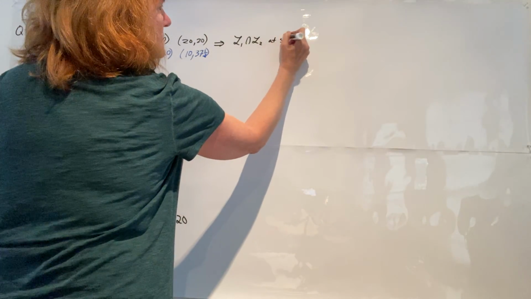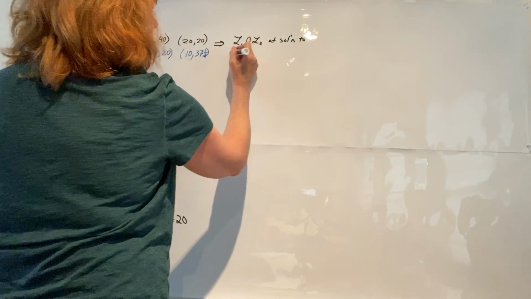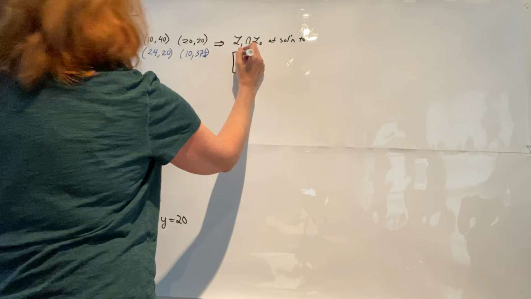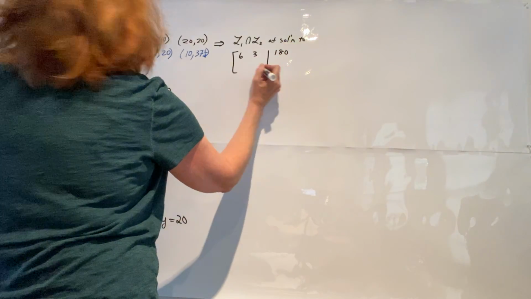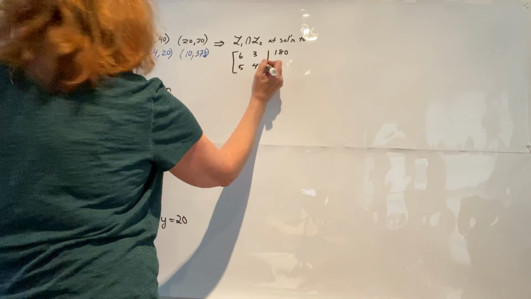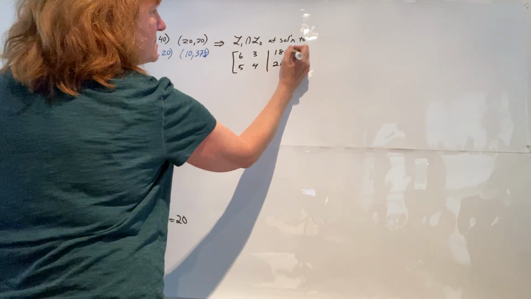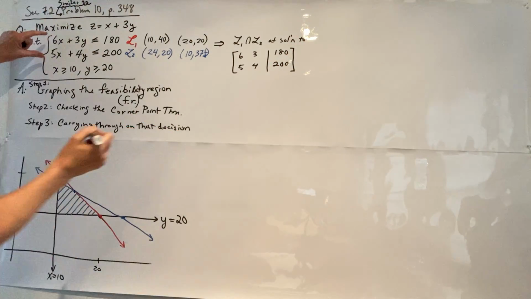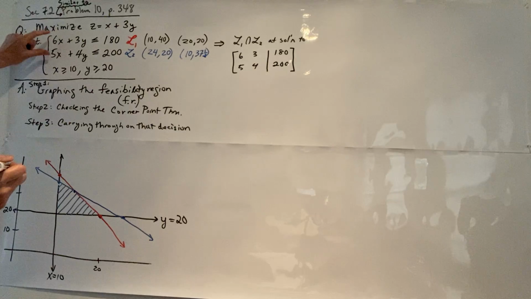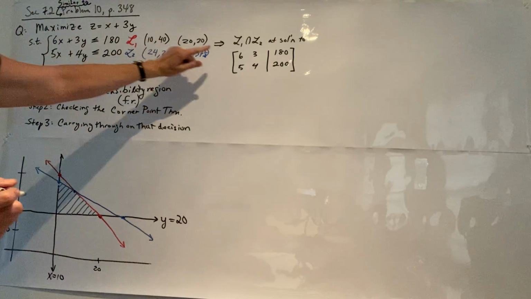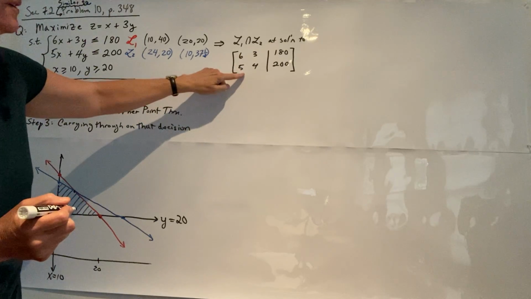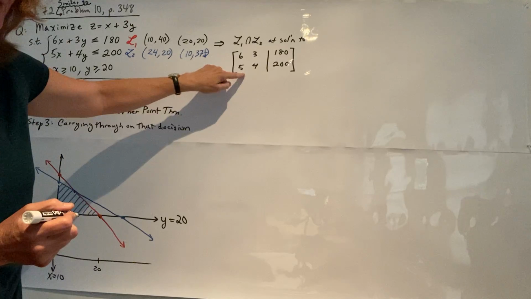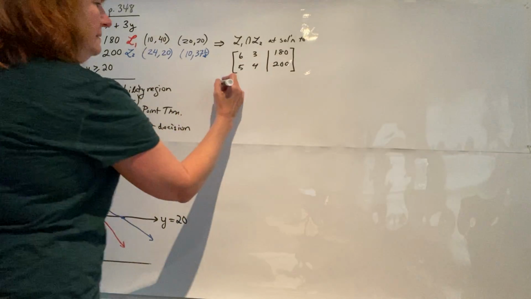At the solution to 6, 3, 180, 5, 4, 200. In other words, looking just at these equations, where are those 2 equations simultaneously true? That's solving a system of equations, which is equivalent to using RREF on this augmented matrix.